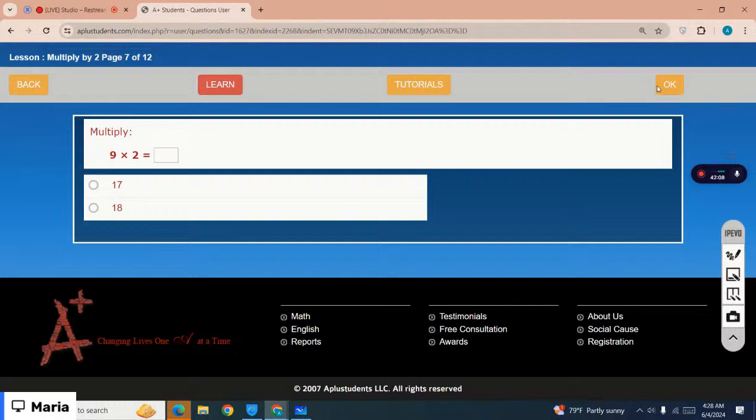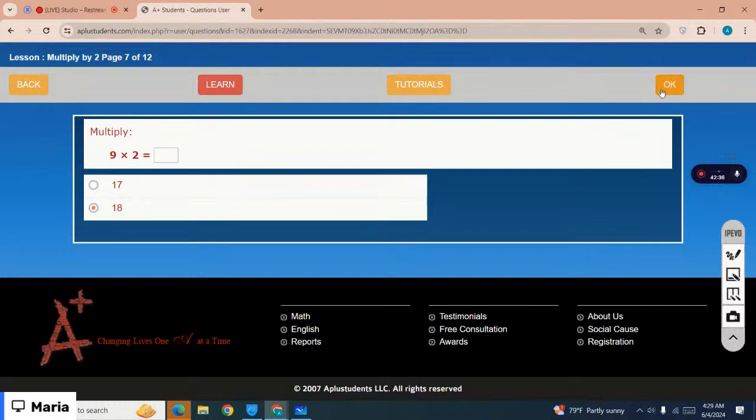2 times 9, which is the correct option? 2 times 9 is 18.